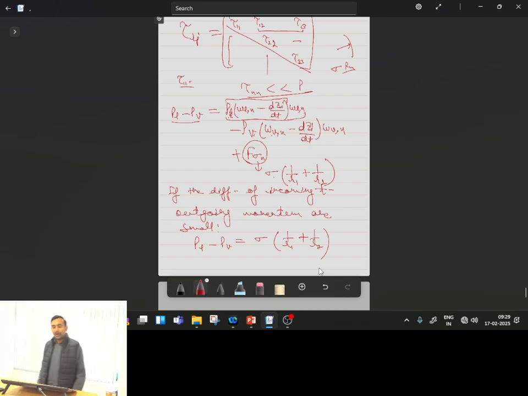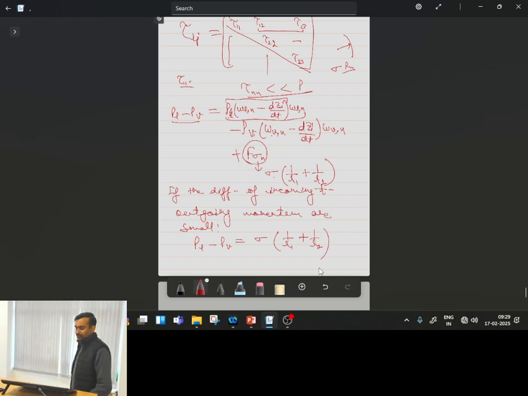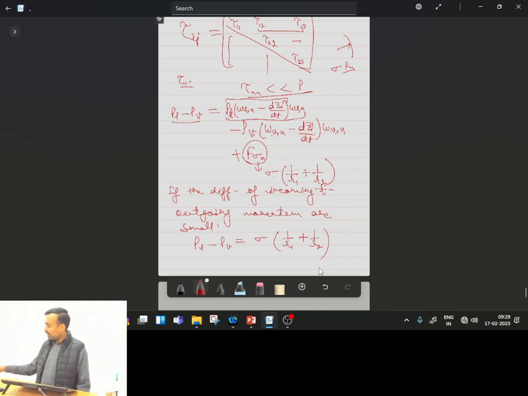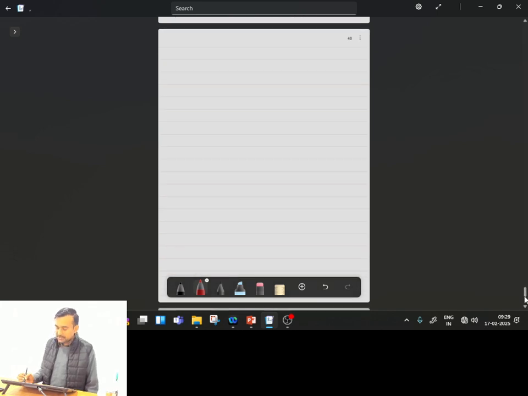If you do not have significant momentum across the interface in the normal direction, then PL minus PV will be simply equal to sigma times 1 by R1 plus 1 by R2. All are clear with this point? So this is our momentum balance in the normal direction.